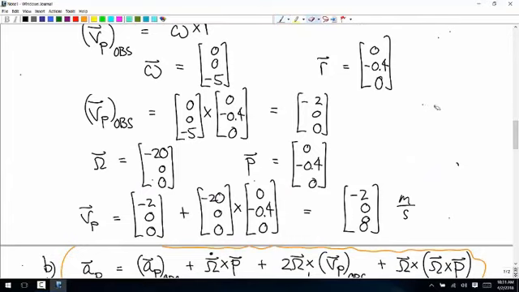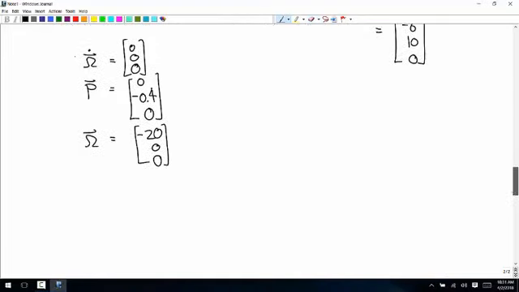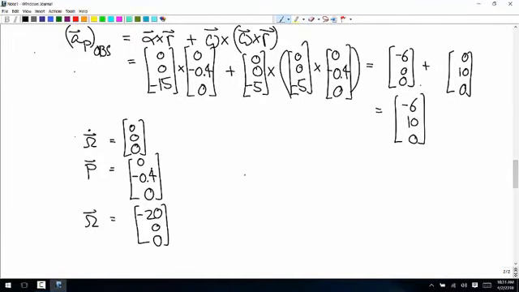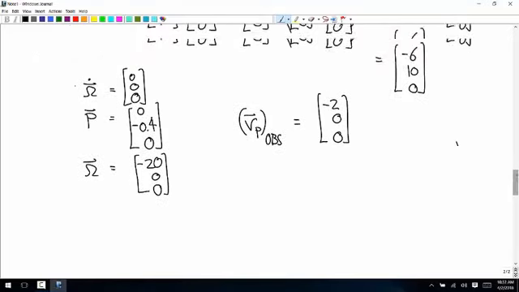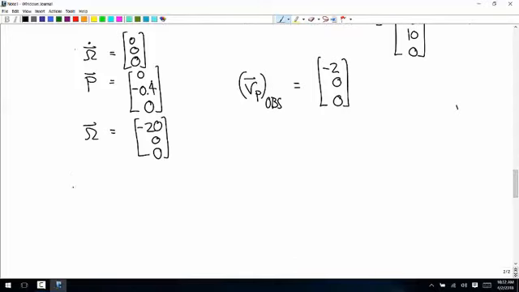Negative 2, 0, 0. That's the true velocity vector, but we want the observed velocity vector. And so now we can put this together.